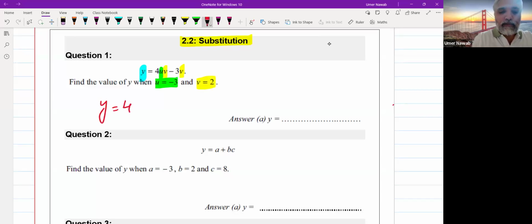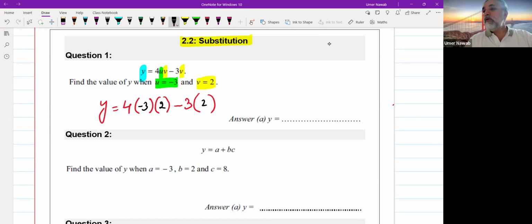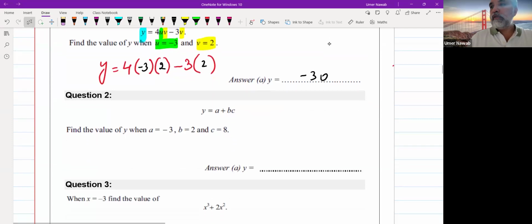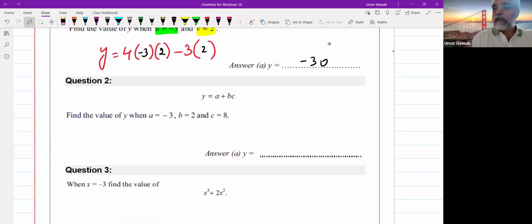We use the brackets, and the same thing we will copy in our calculators. So guys, can you check that in the place of u, I'm writing here -3, and in the place of v, I'm copying 2. When I use my calculators, I'm going to get my answer, -30. I think in my detailed solutions, you can find how mentally we can do this work. Next is, guys, y equals a is -3 plus b and c.